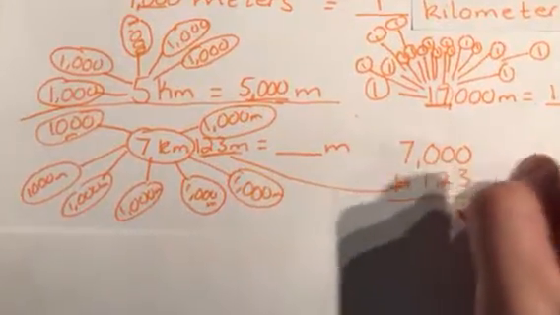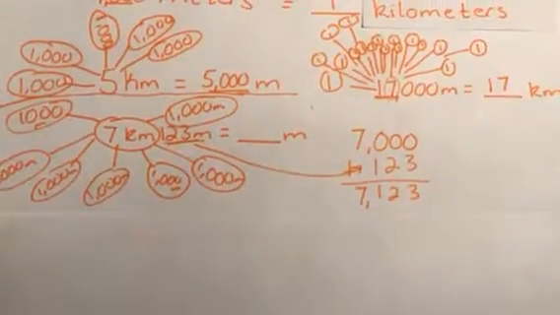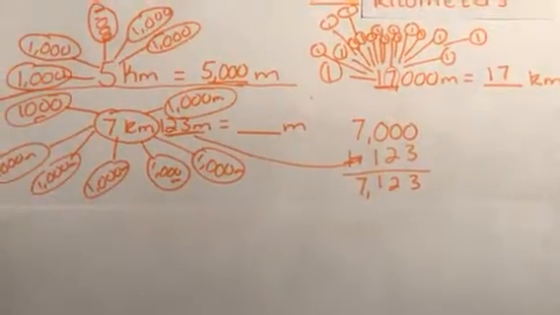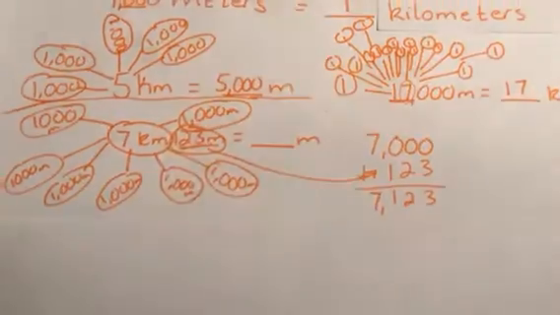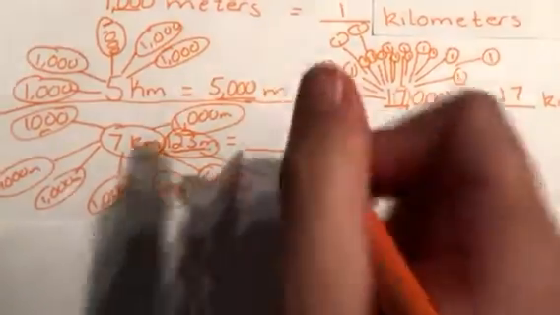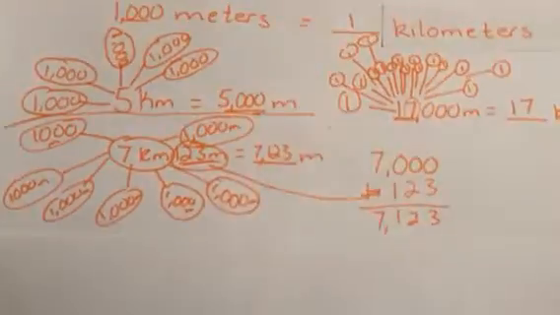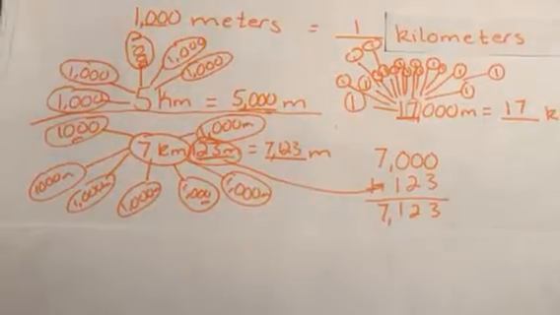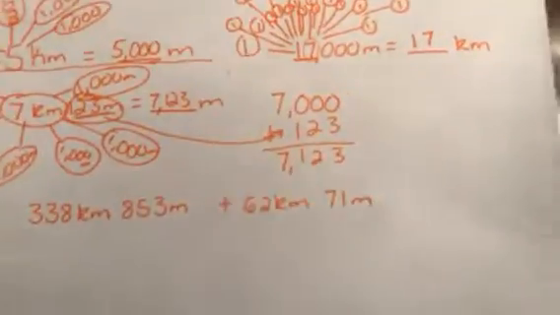So I'm going to have 7,123 meters. The most common mistake on this type of problem is forgetting about these extra meters hanging out over here that were already in meter form. So we've got 7,123 meters.